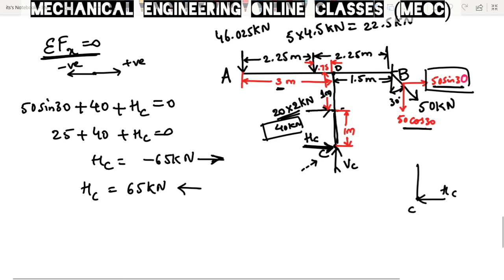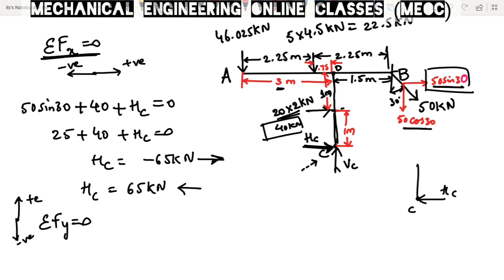Now we have to find VC. So to find VC, let us solve sigma Fy equal to 0. The sum of all vertical forces is 0. Upward forces are positive, downward forces are negative. So at A there is a minus 46.025. Then again the weight of AB is minus 22.5.